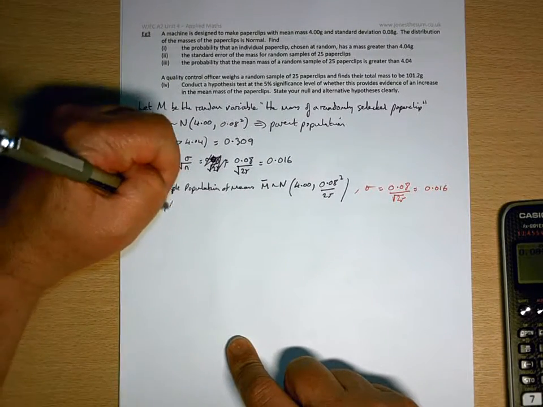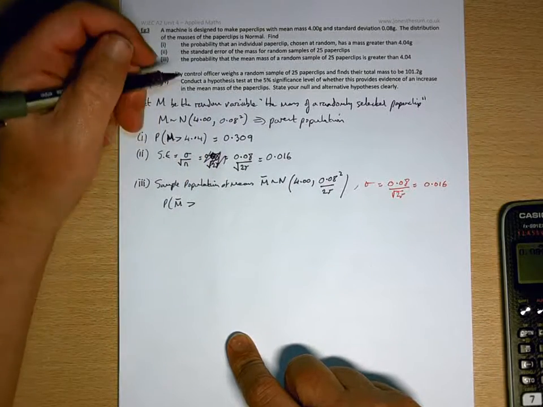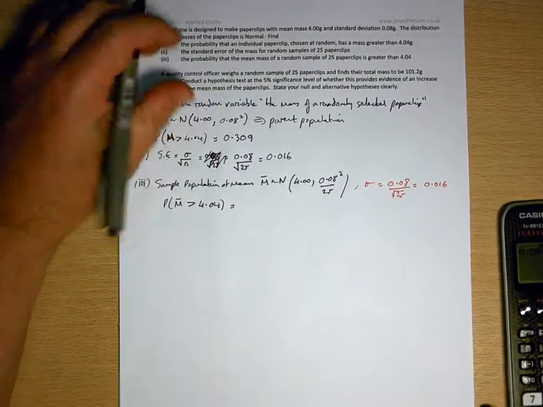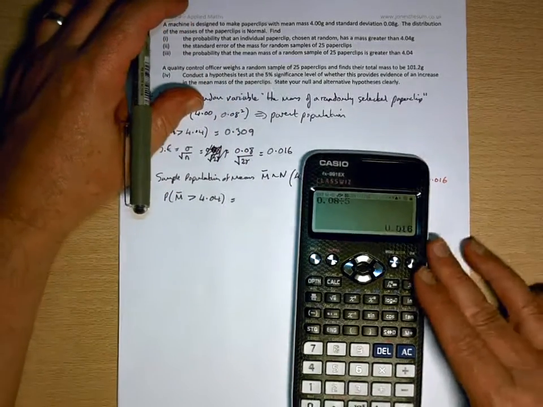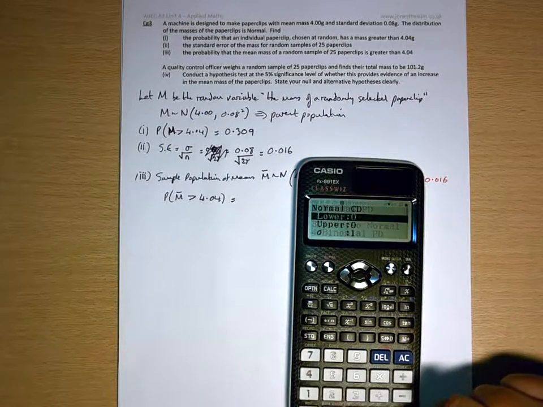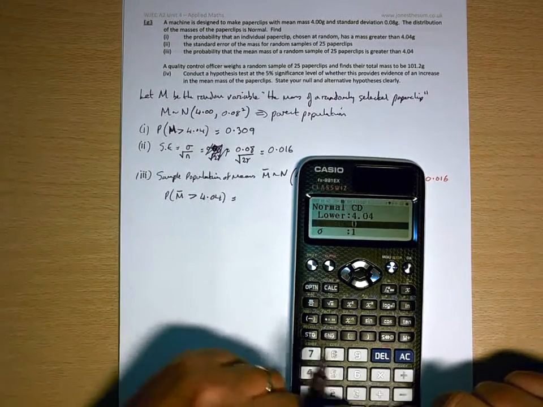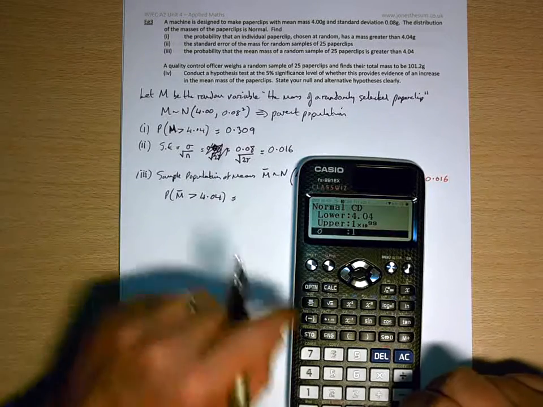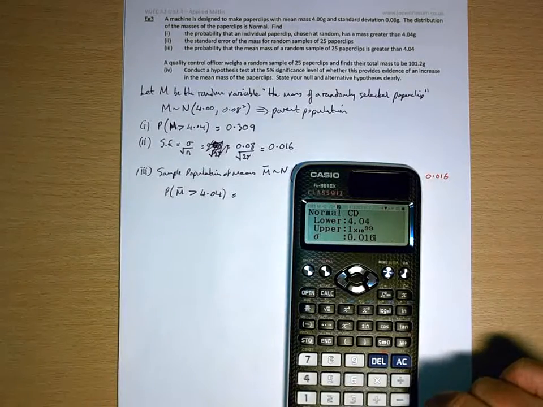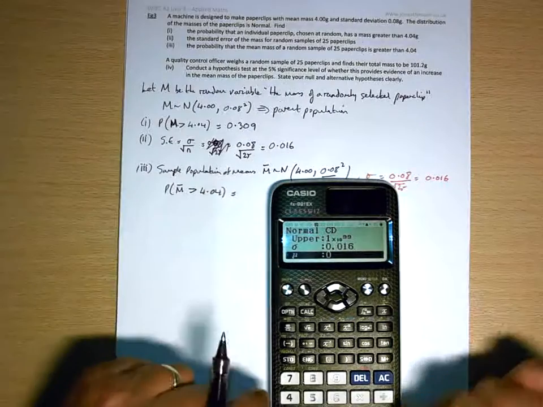So we want to know what the probability is that the mean is going to be greater than 4.04. So coming back to my normal distribution, cumulative, lower 4.04, upper 1 times 10 to the 99, standard deviation is going to be 0.016, and the mean is same as before, 4.